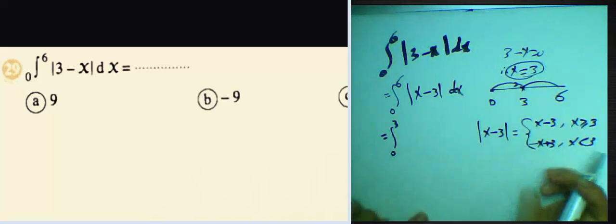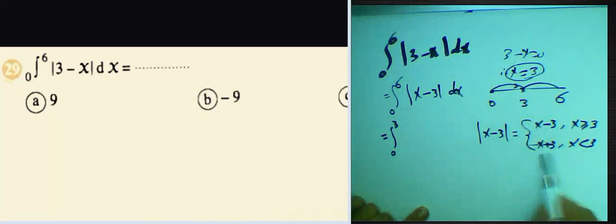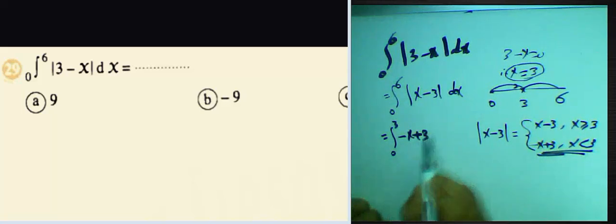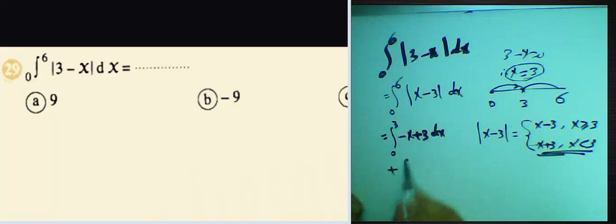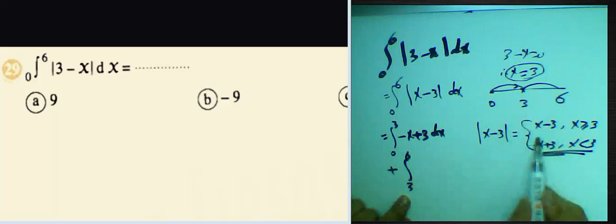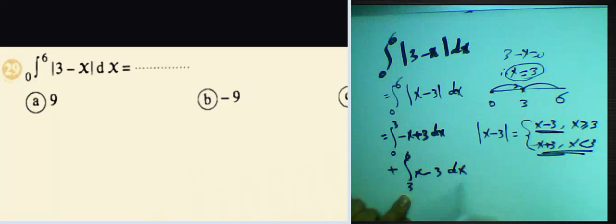Positive or negative? Here less than 3, it will be negative x plus 3, where x is less than 3. So negative x plus 3 dx, plus the integration from 3 to 6. For 3 to 6, greater than 3, we write x minus 3 dx.